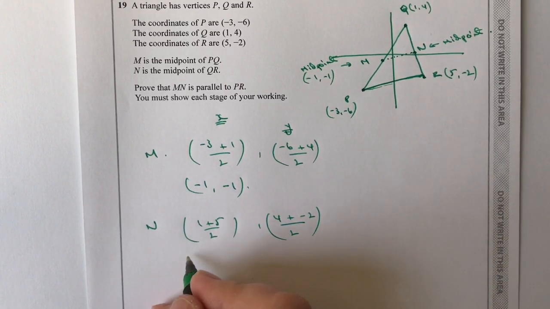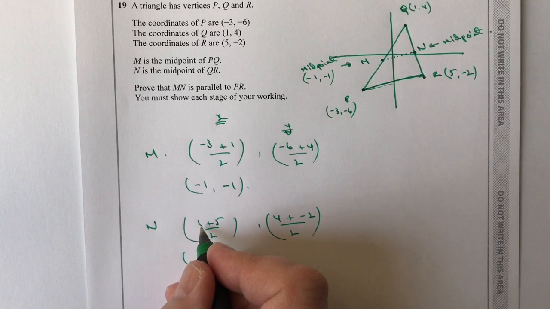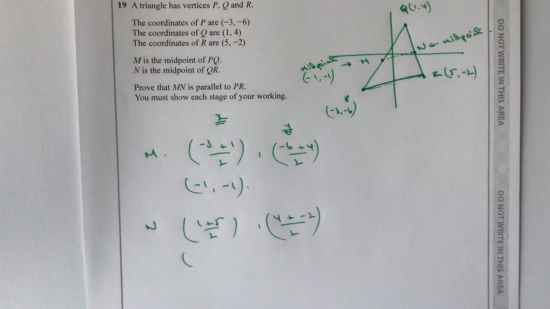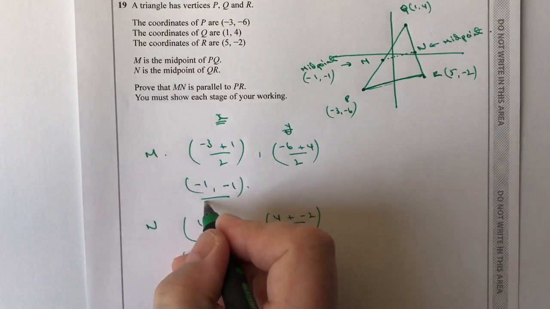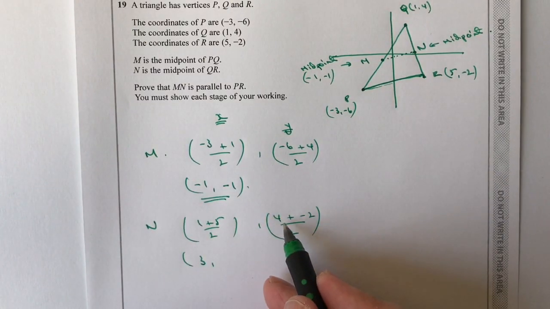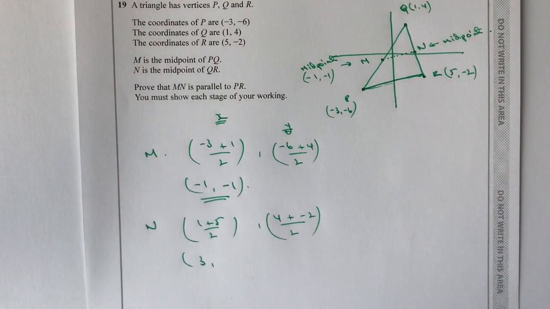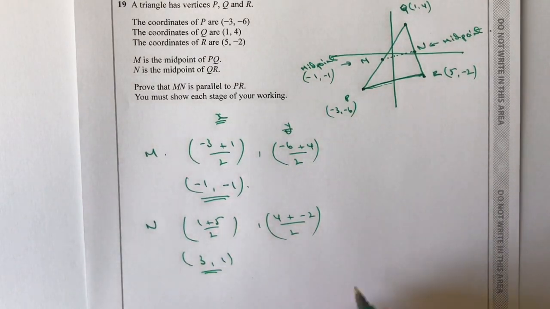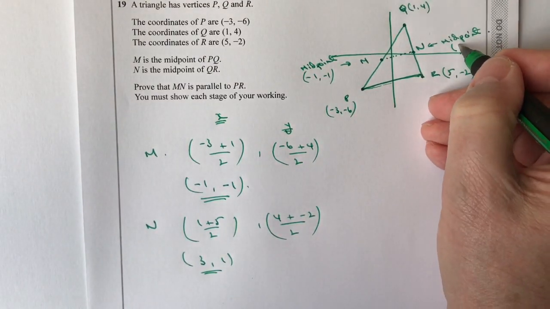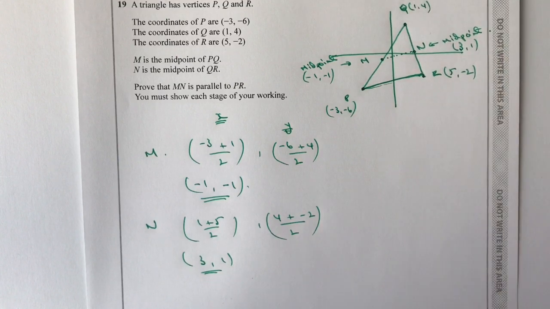So that's going to give me an x value of 1 plus 5 is 6, divided by 2 is 3. And 4 minus 2, remember a plus and a minus together become a minus, so 4 minus 2 is 2, divided by 2 is 1. Now I have the coordinates for M and for N.